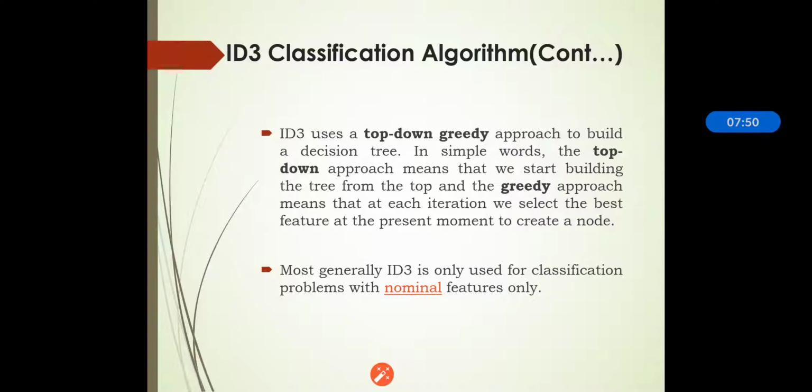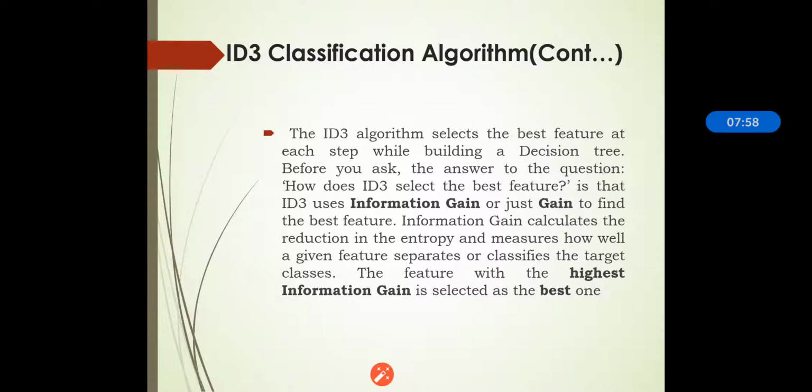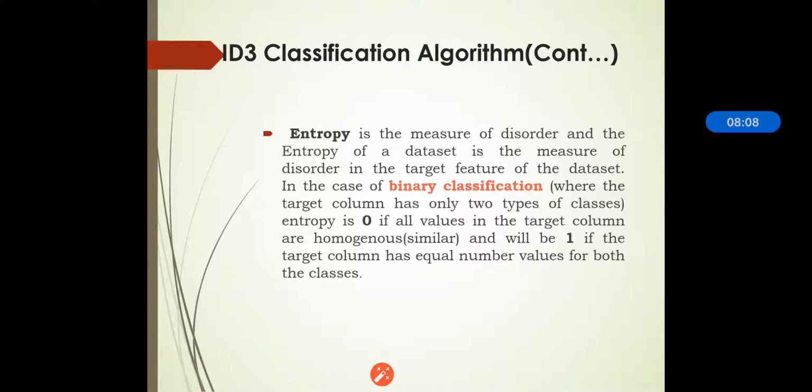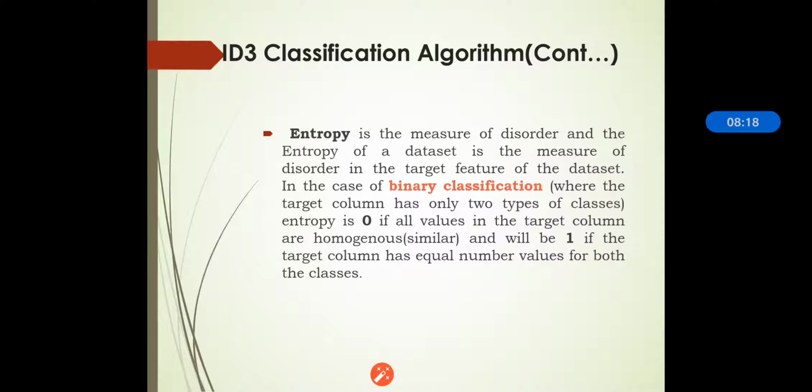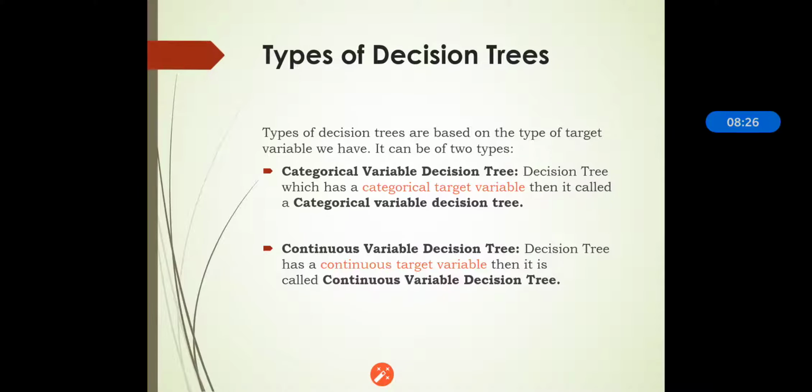It is built by a top-down greedy approach, where we start from the top and go down, and greedy means taking the best one. The best one is taken by using information gain. Information gain is nothing but reduction in entropy, and entropy is the measure of disorder in the target feature. So this is about the ID3 classification algorithm, which is used for building the decision tree. In our next section, we will see the types of decision trees. Thank you.